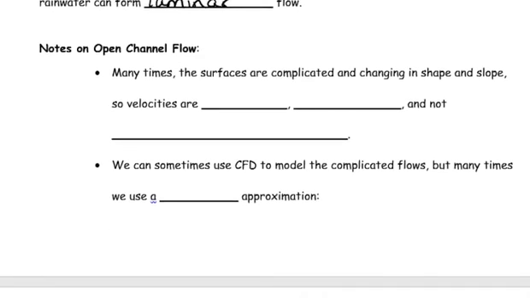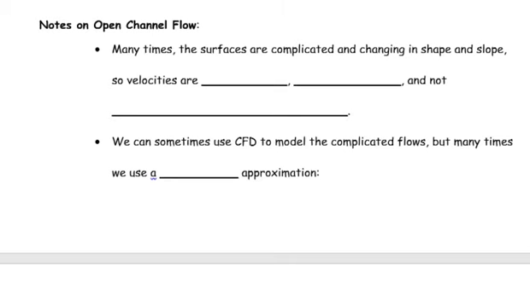So in open channel flow, again, we might be talking about rivers or just any kind of old drainage ditch or whatever. It could be very complicated, changing in shapes and sizes. So velocities in that case would be 3D, unsteady, and not fully developed. If you remember, fully developed meant that it wasn't changing in the x direction along the flow.